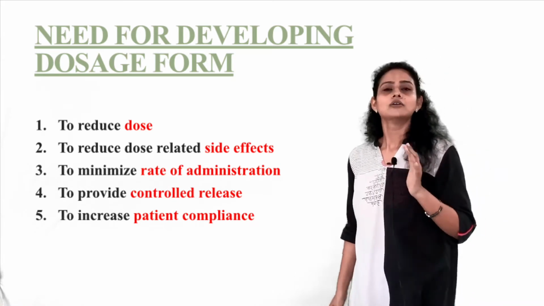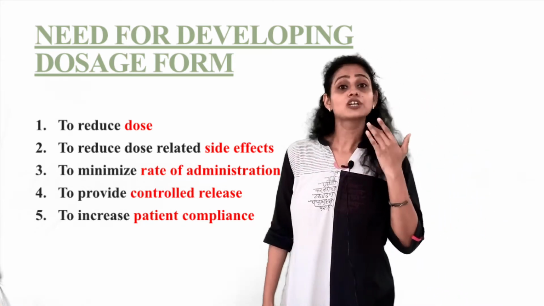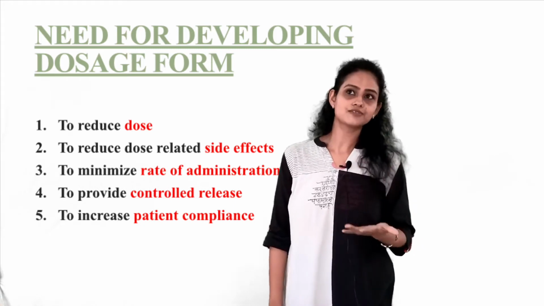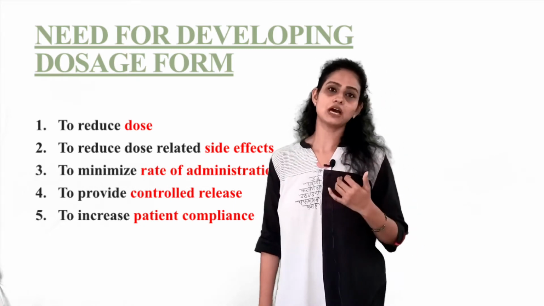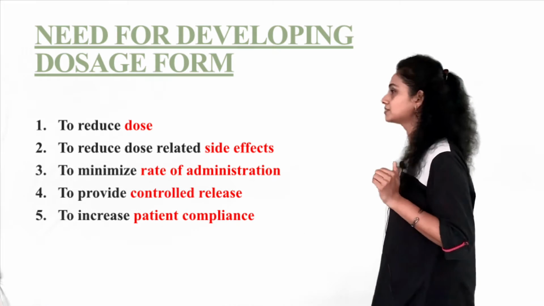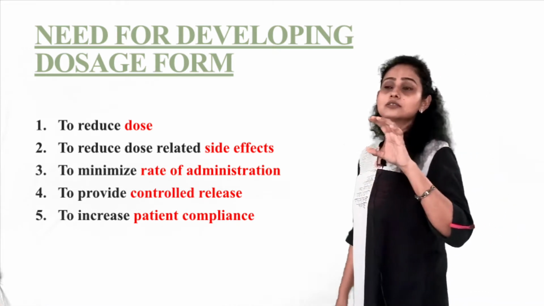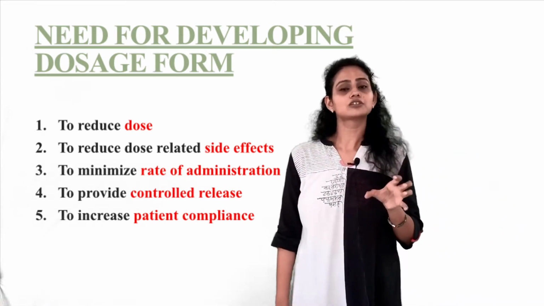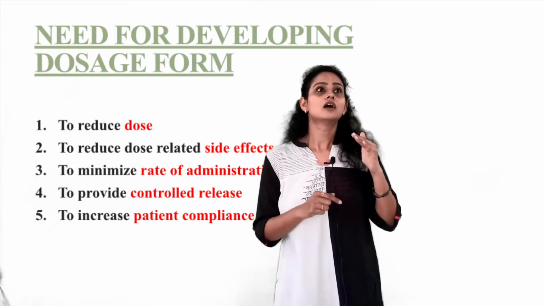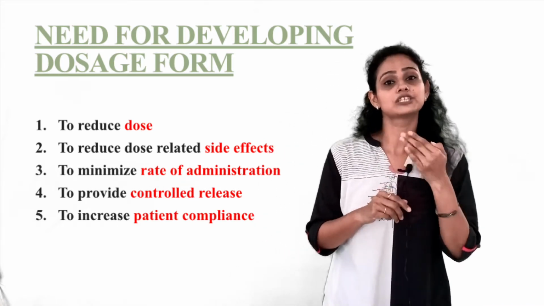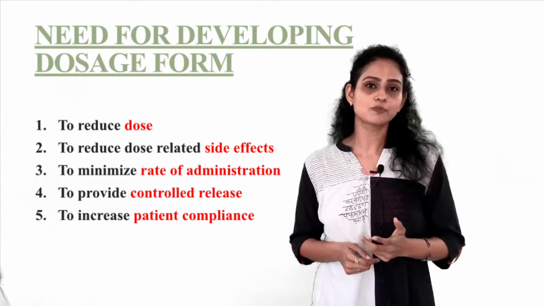Also, when we want a controlled or delayed drug delivery system, that can also be achieved by this system. Also, we can deliver drug at a specific target. Targeted drug delivery is also possible.